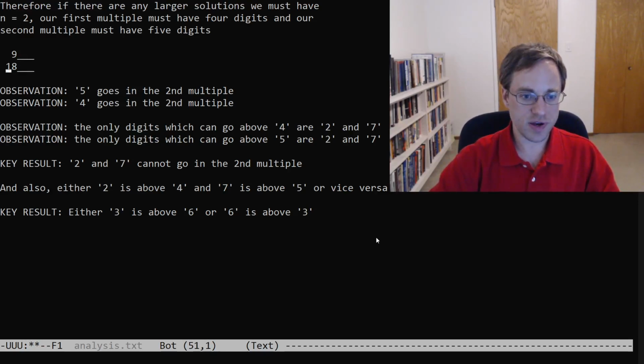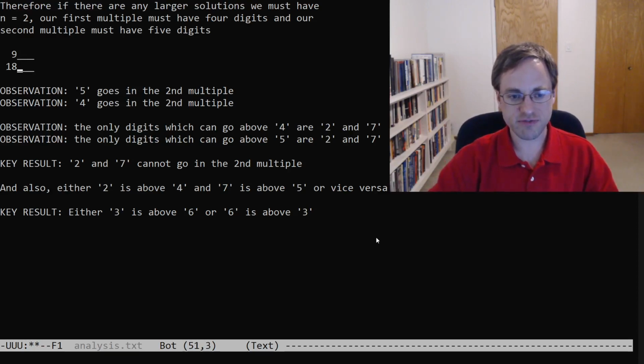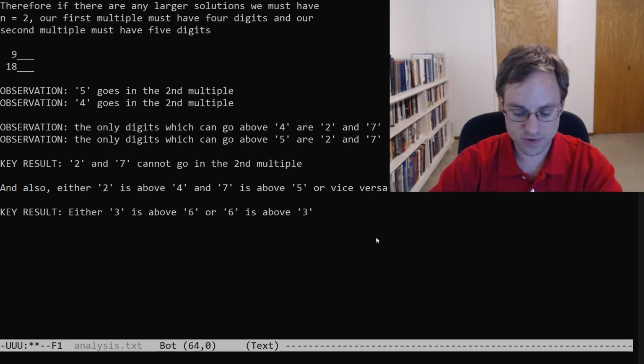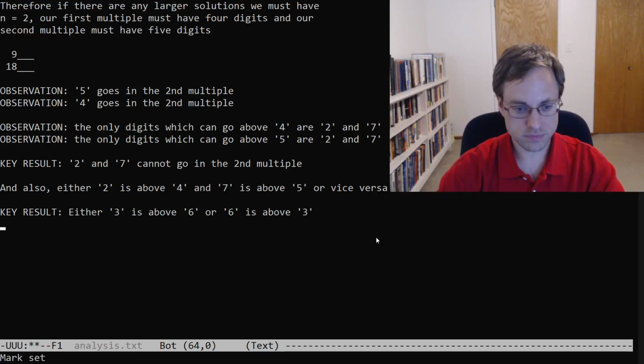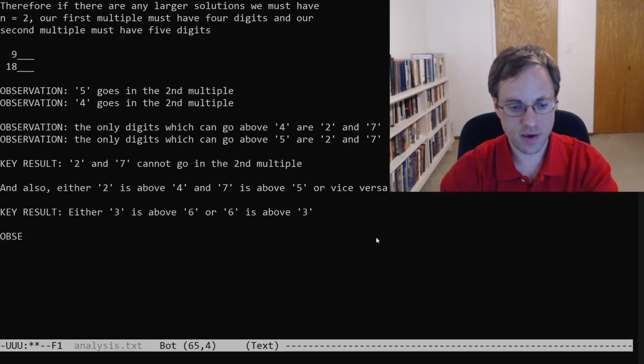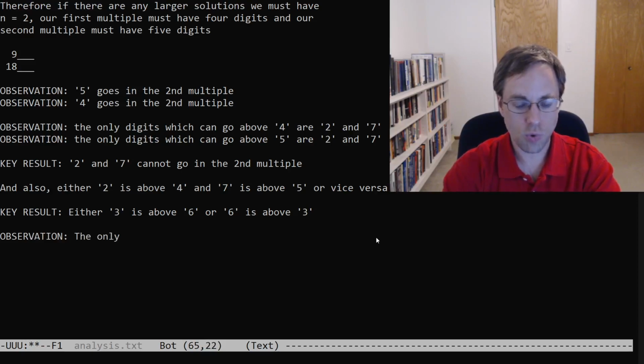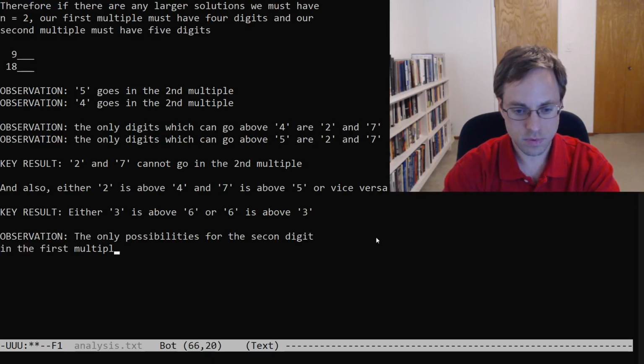But we've already used the 1, and we've said that 4 and 5 have to go in the second multiple. And so we have this result. We'll say observation. The only possibilities for the second digit in the first multiple are 2 and 3.